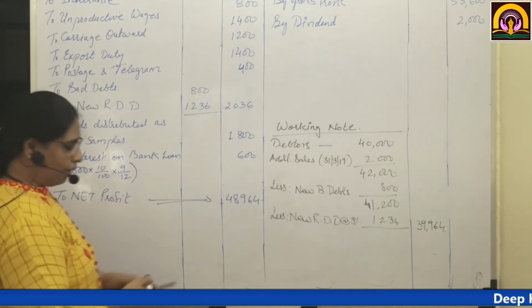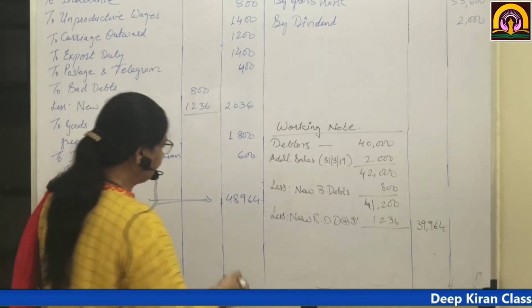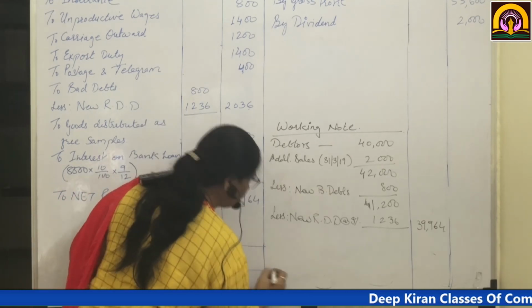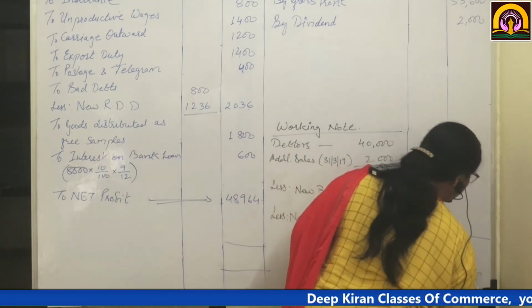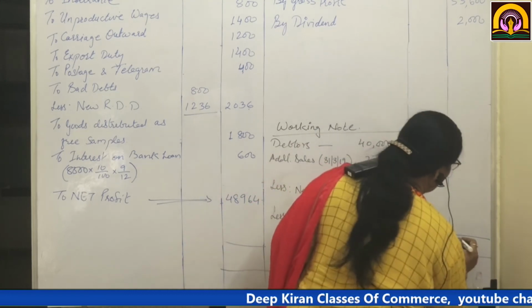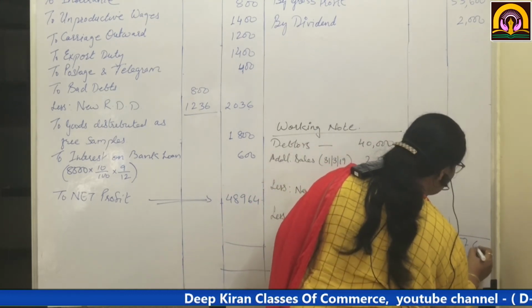So now you total up both the sides. First you will total up 57,600.